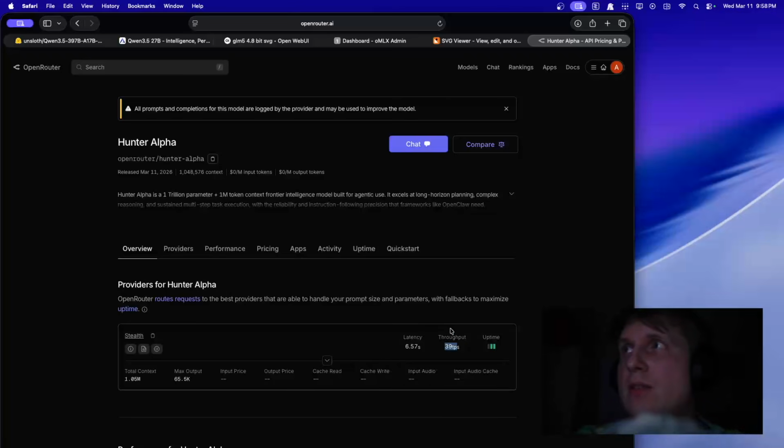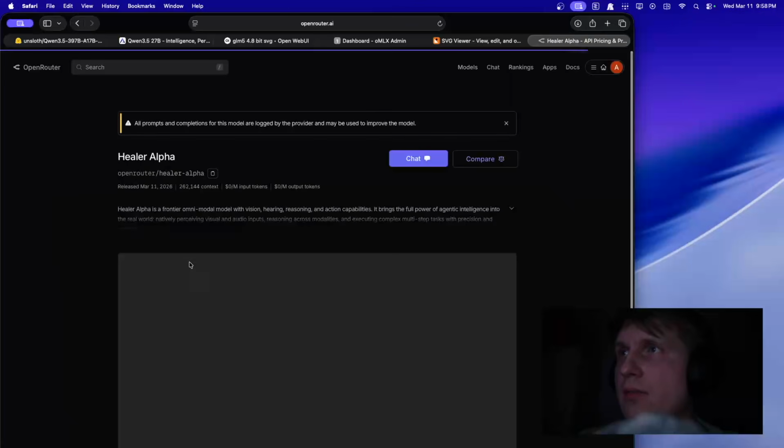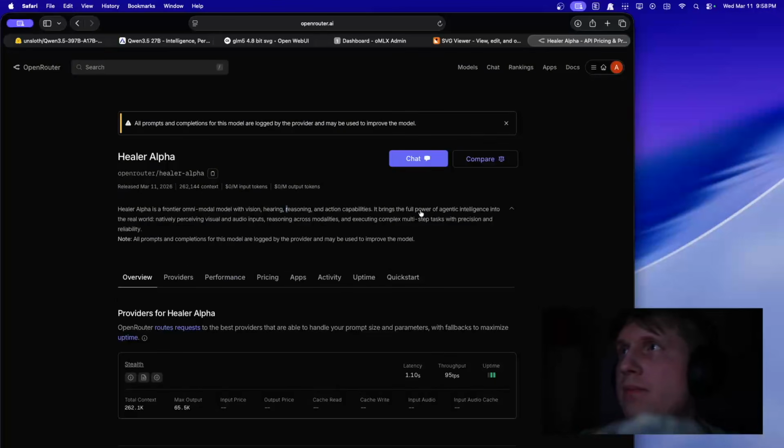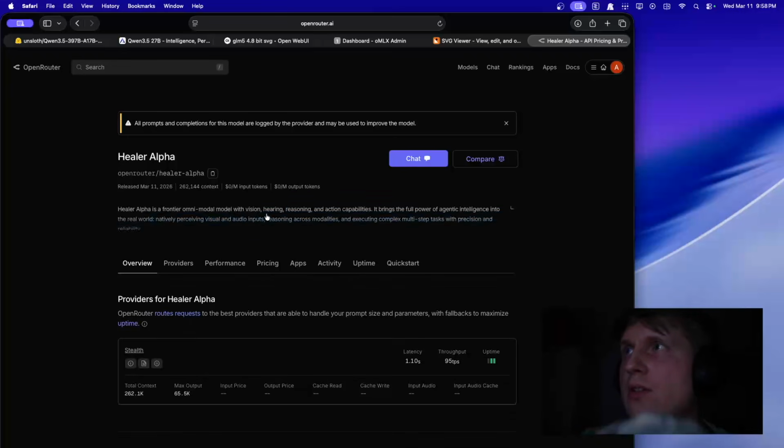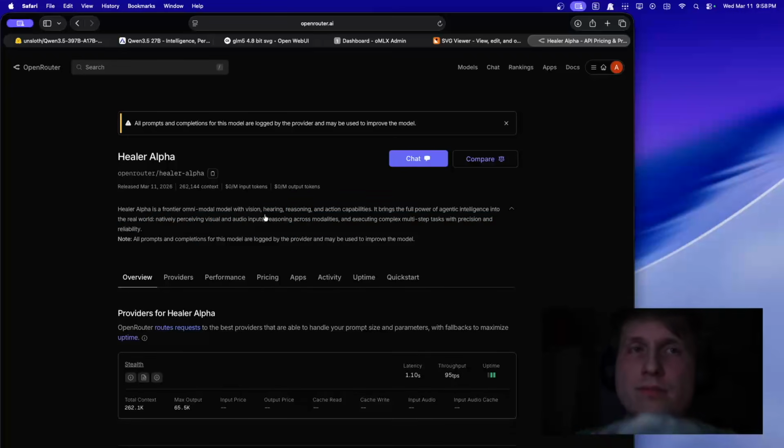By size, we're estimating the other one is about half the size. If this one is 1 trillion parameters, that one is probably 500 billion. It doesn't say here how many parameters this one has, so it could just be lower active parameters.